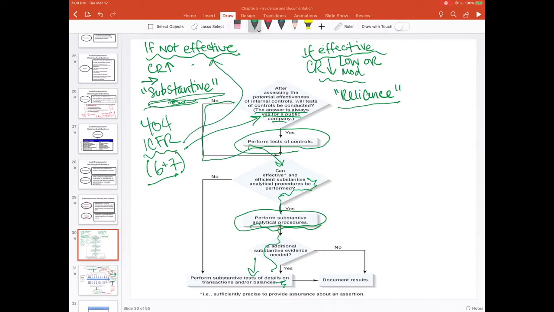So even if we believe controls are going to fail, we still have to go through the motions of testing controls and watching them fail and documenting their failure because we have to give that opinion. We will talk about that more in chapters 6 and 7.